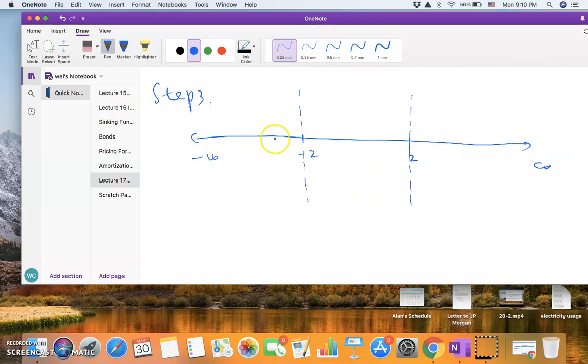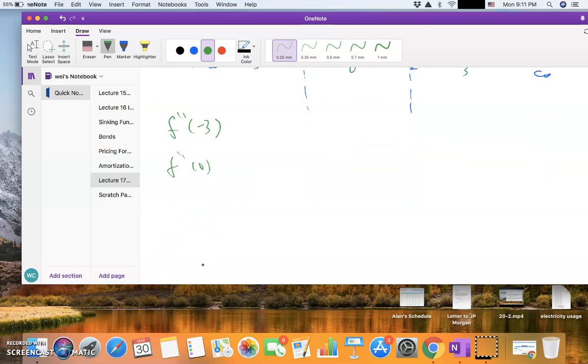And on each interval, we choose a test point. And we plug the test point into the second derivative. Okay.